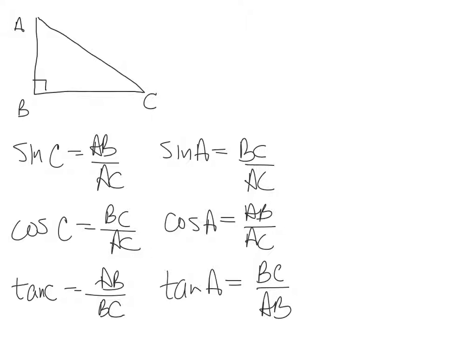Amazingly enough, mathematicians have developed some additional terms to describe the angles with side ratios in the right triangle. So write this down. If I told you arcsine of AB over AC, what would that be equal to?